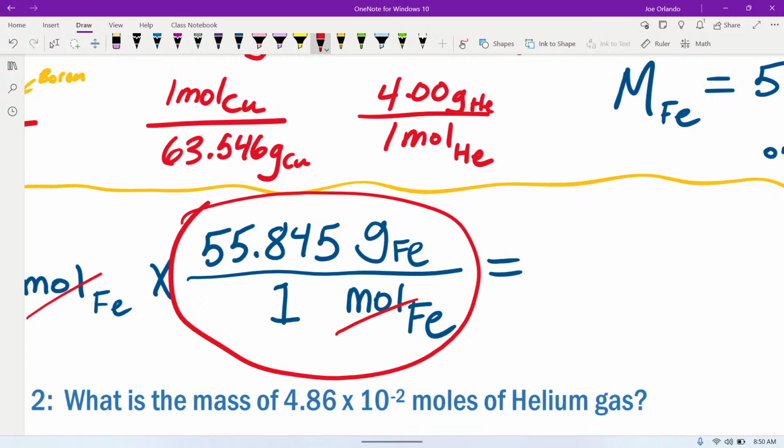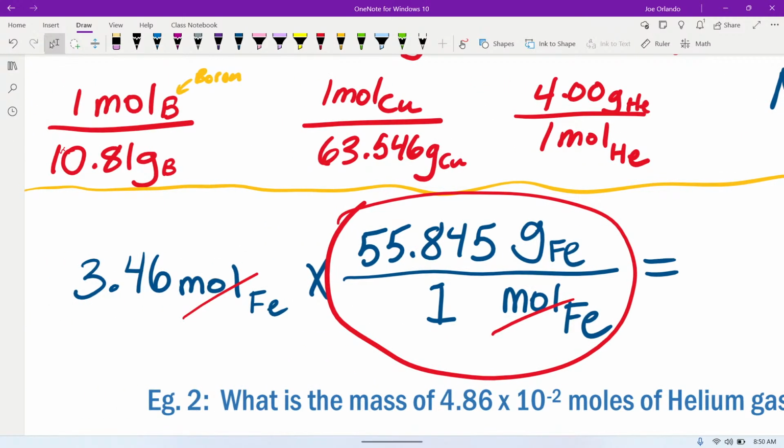But what I mean by that is, when we do dimensional analysis, all of our fractions are not going to actually change physically what we have, because 55.845 grams of iron is 1 mole of iron. Does that make sense? Those mean the same thing, which means numerically the number is going to change. But the thing we're talking about, we're actually multiplying by 1, because this is taking 55.845 grams of iron, and this is taking 1 mole of iron.